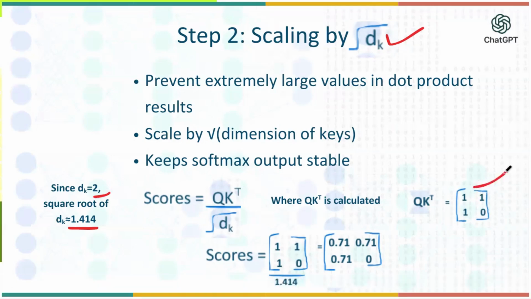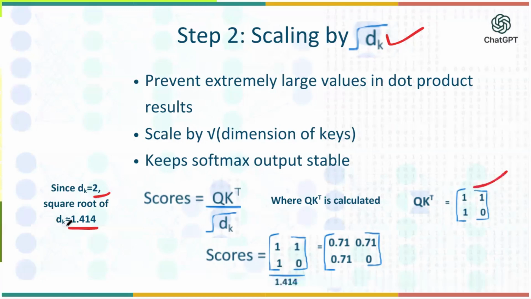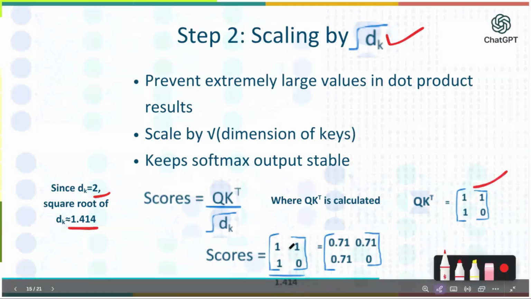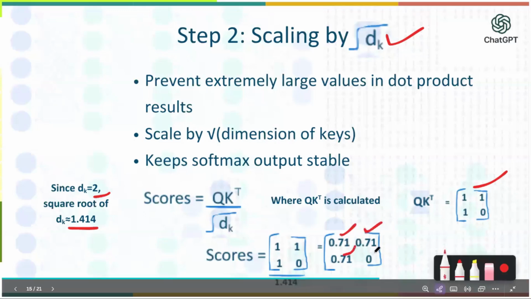We already calculated the similarity scores of the dot product, that is 1, 1, 1, 0. Now we divide these similarity scores by the square root of the dimension of the keys. So here we divide by 1.414, and we obtain 0.71, 0.71, 0.71, and 0.